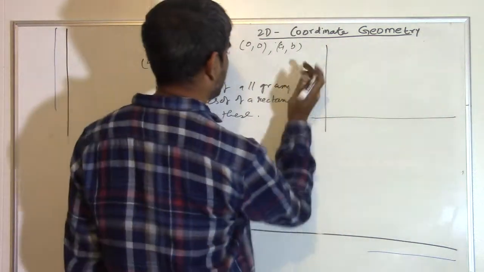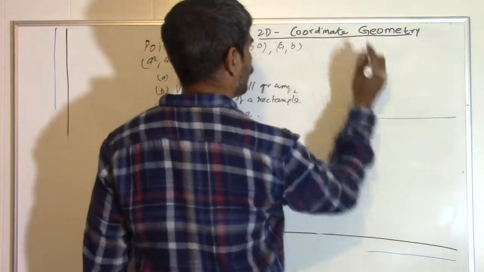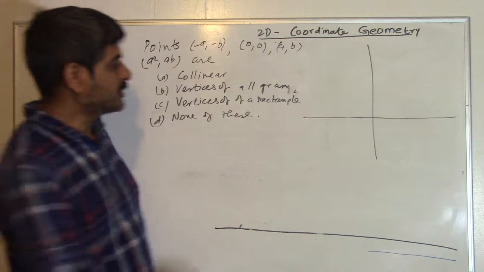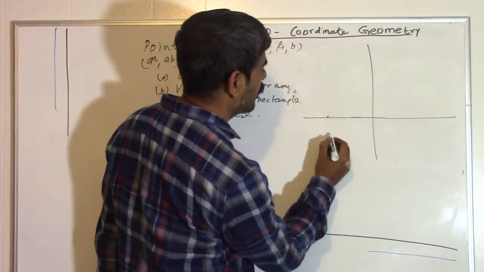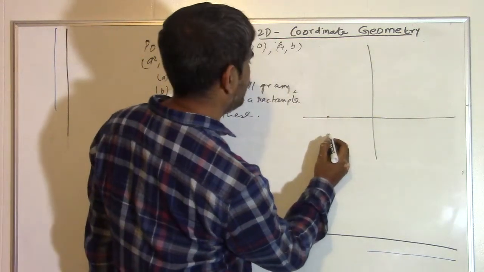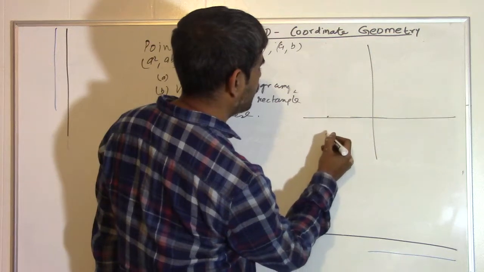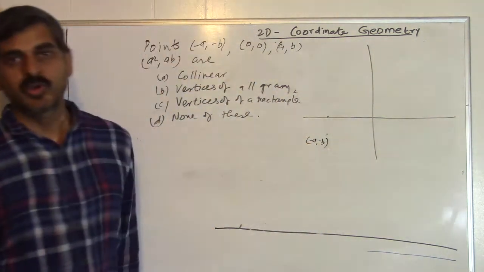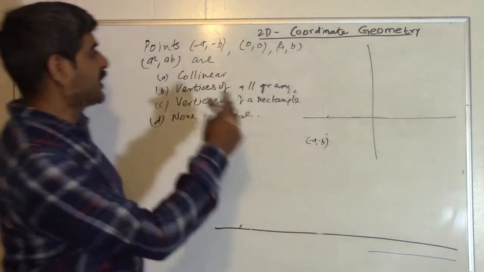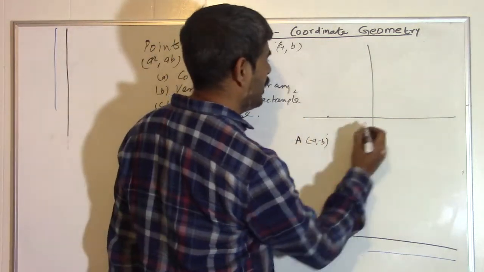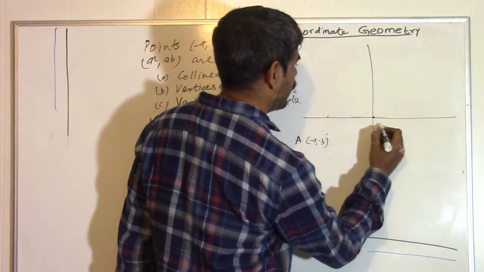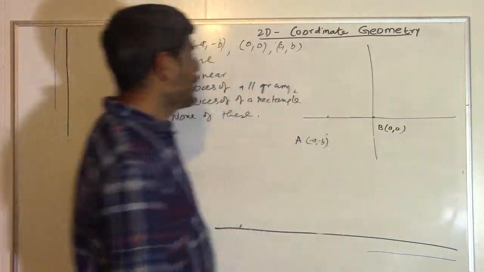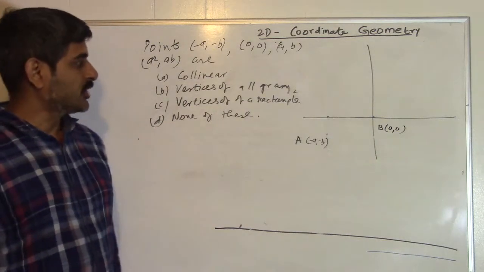Minus a, minus b: you should be able to plot it. Let's say minus a is here, a little longer, and minus b a little smaller, so the point is here. The second point, call it point A, and my point B is at the origin. Even if it's the origin, I'm calling it (0, 0). You could call it O, but let's call it B.